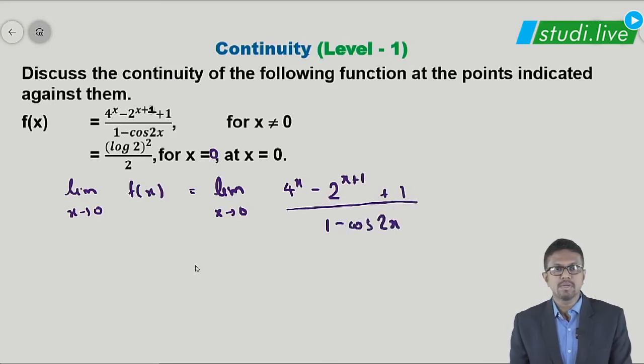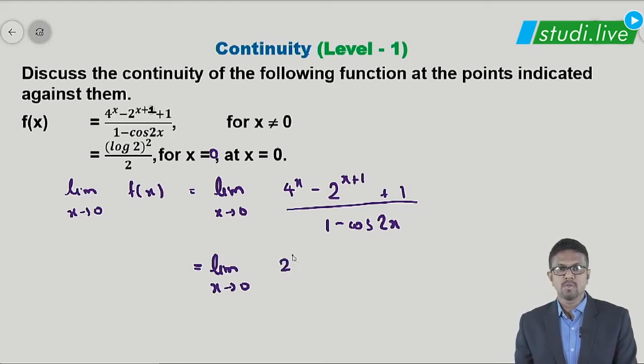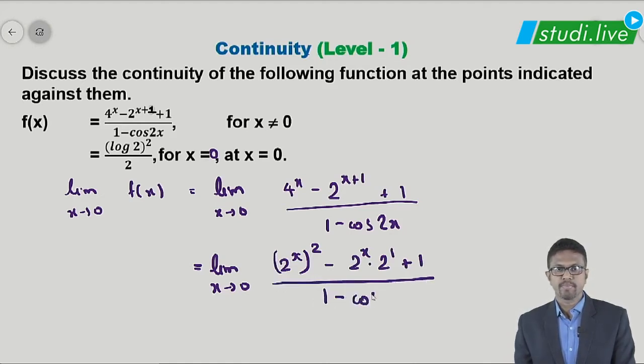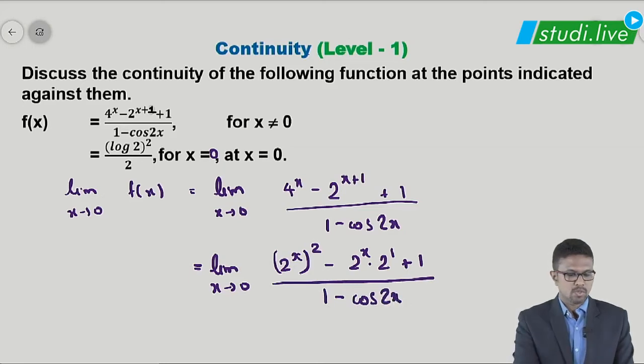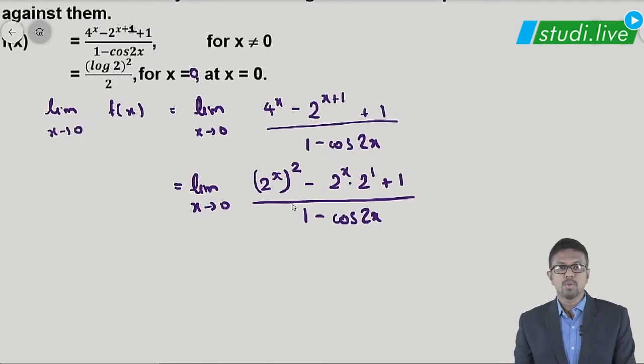Now instead of writing 4 raised to x, let us write it as 2 raised to x its square, minus 2 raised to x into 2 raised to 1, plus 1, upon 1 minus cos 2x. Now this is just like a square minus 2ab plus b square.